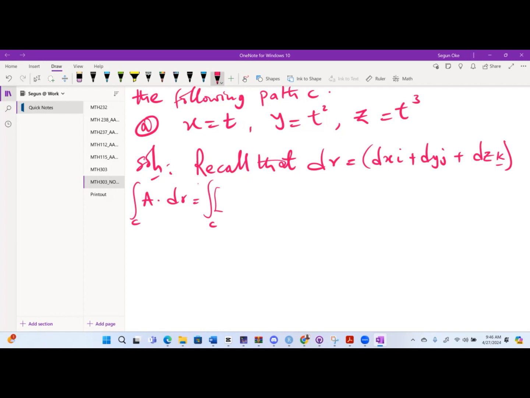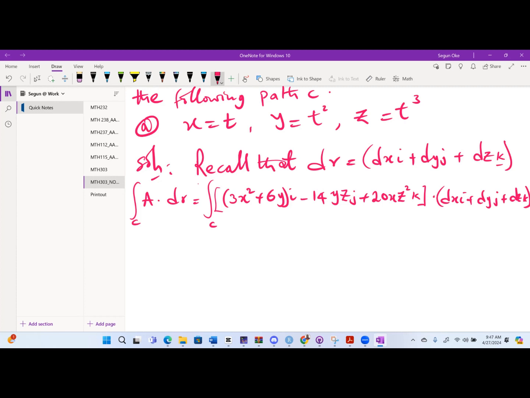We know A to be 3x squared plus 6y i minus 14yz j plus 20x z squared k, dot dx i plus dy j plus dz k.